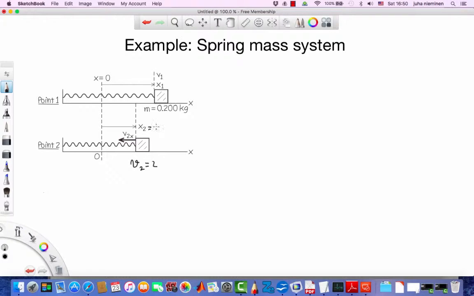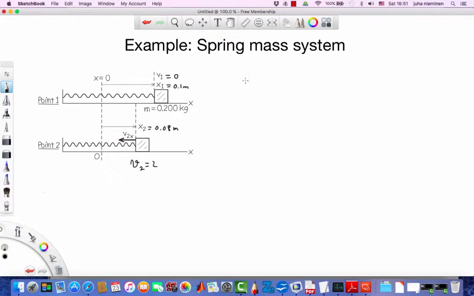So okay, let's give these values. That's 8 centimeters, so 0.08 meters, and the initial position is 0.1 meters, 10 centimeters. And we start from rest. Just release the spring and see what happens.